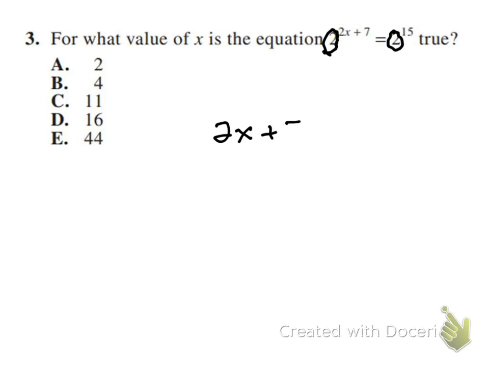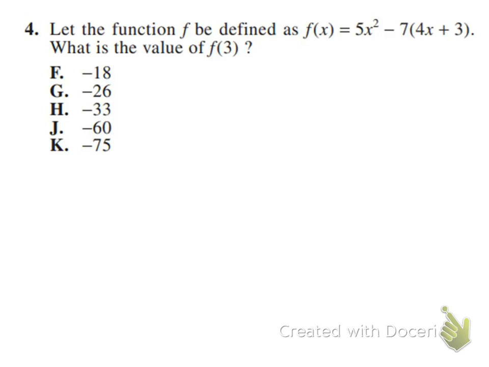So this is really asking us to do a pre-algebra level equation. 2x plus 7 equals 15, and we can do this in your head. Subtract 7 from both sides. 2x is 8. Divide both sides by 2. x is 4. And we're moving on to the next question. So don't be thrown off by the complicated look of that question.